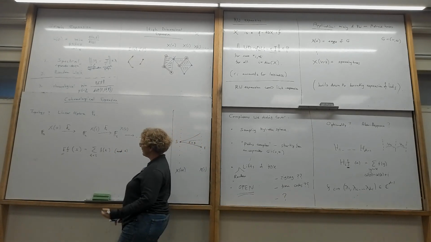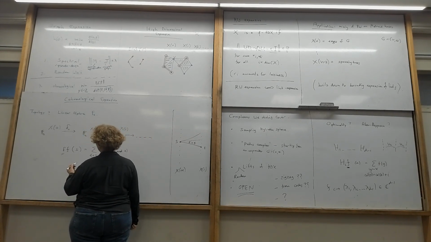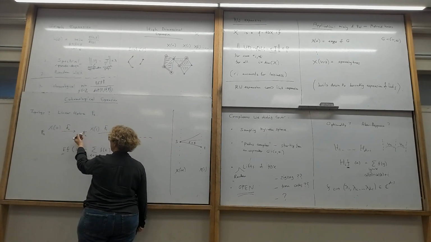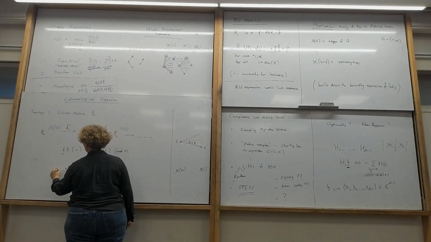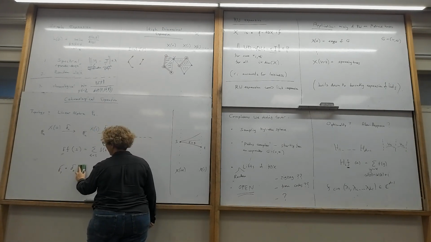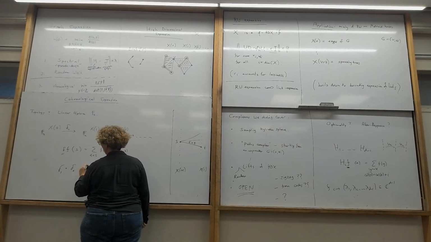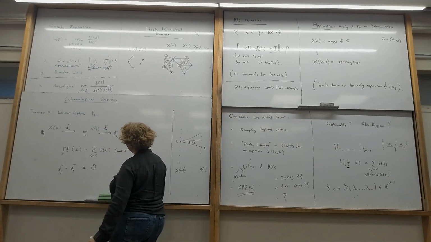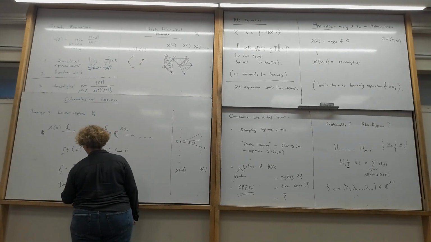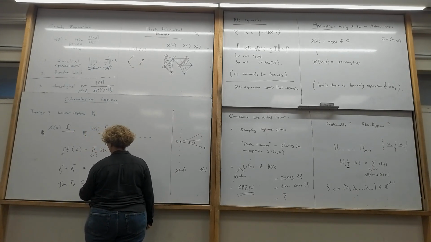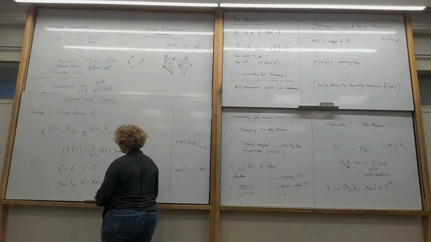And here we had this nice property that if you apply delta once and then you apply delta again, you get 0. So delta 1 composed with delta 0 is equal to 0. In other words, it means that the image of delta 0 is contained in the kernel of delta 1.